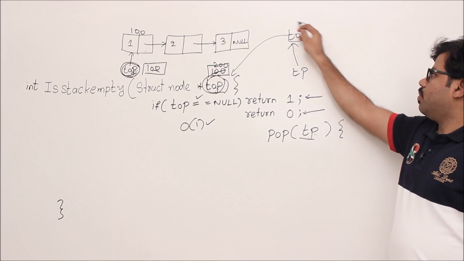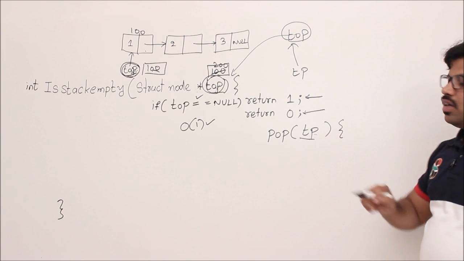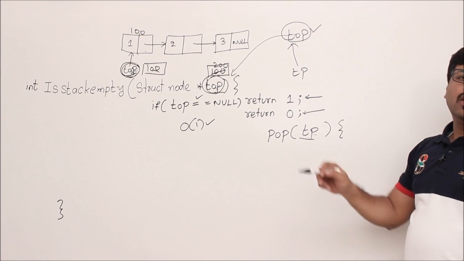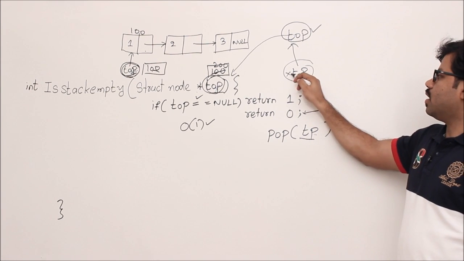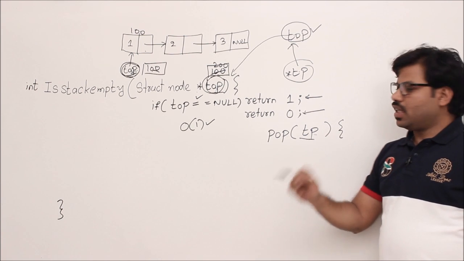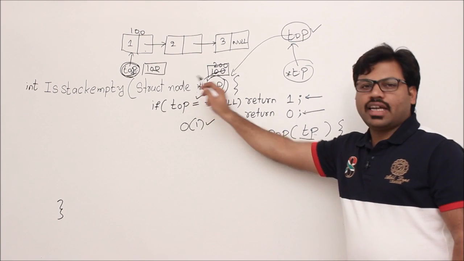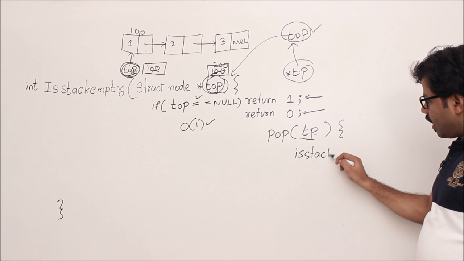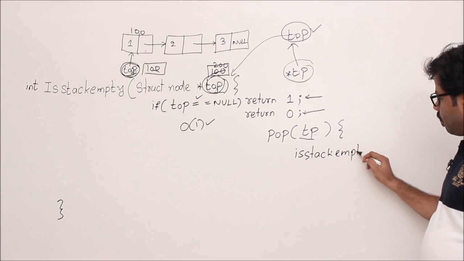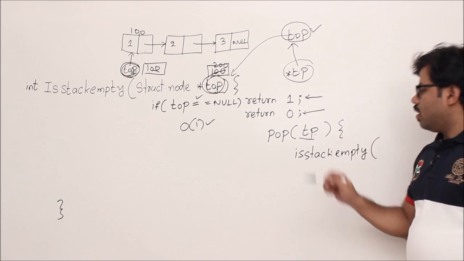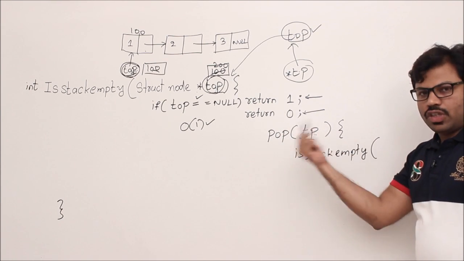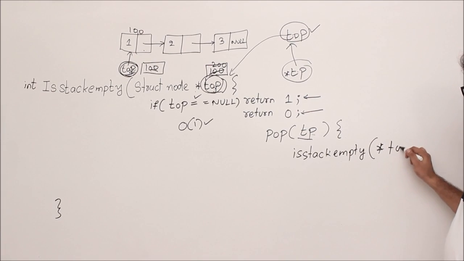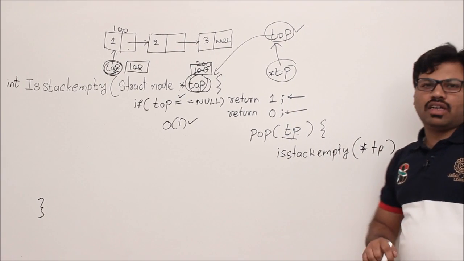Then instead of top, whenever you want to use top, simply use star TP. That's it. That is the relationship between them. So if you really want to check eStackEmpty in the pop method, you write eStackEmpty, and because that works only with top but you have TP which points to top, you write star TP. Always top is star TP here.